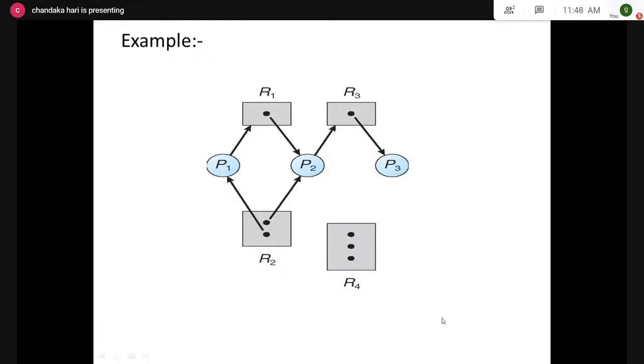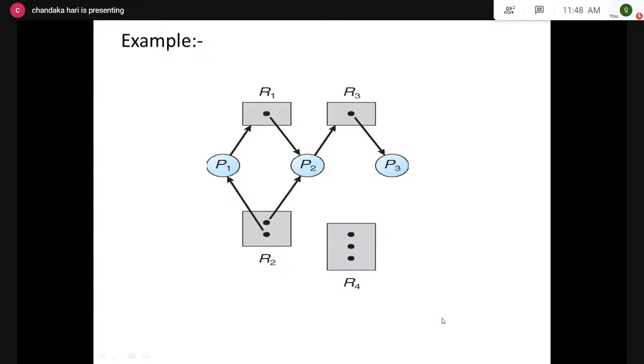Now these are processes and these are resources. These are called vertices, and these are edges. This edge is called a requesting edge: process P1 is requesting resource R1.